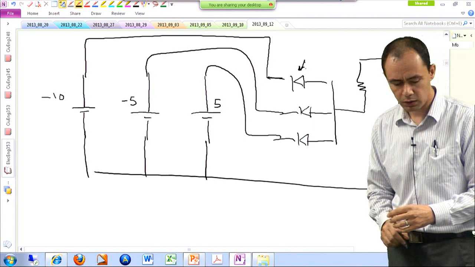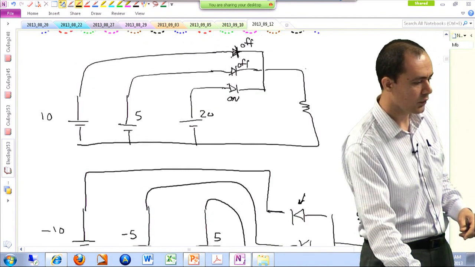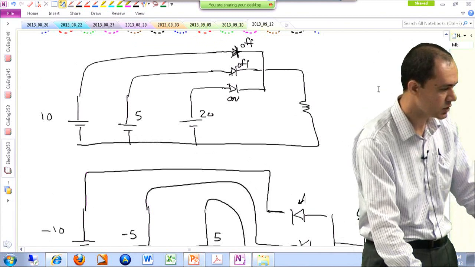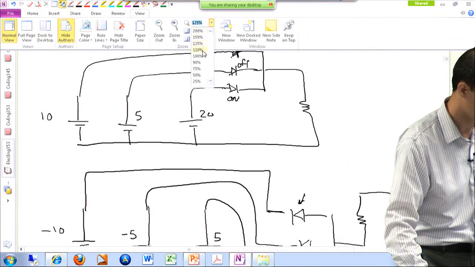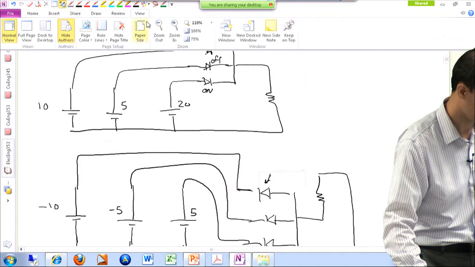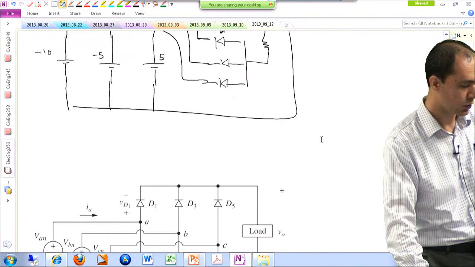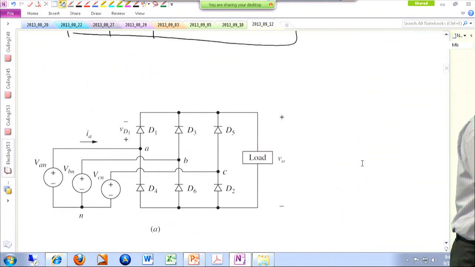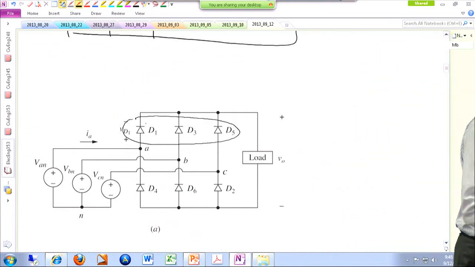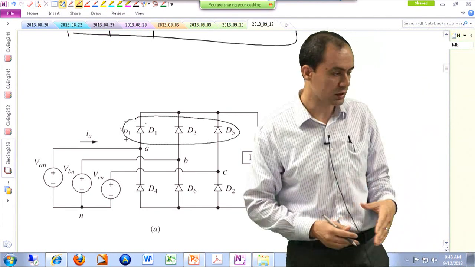Okay? All right. So if you look at a 3-phase system, it's a combination of both of them, basically. If you consider these 2, let me just zoom out a little bit. If you combine these 2 networks with each other, you're going to end up having something like this. So we have these 3 diodes that are competing to conduct, and the winner is whichever is connected to the highest voltage.